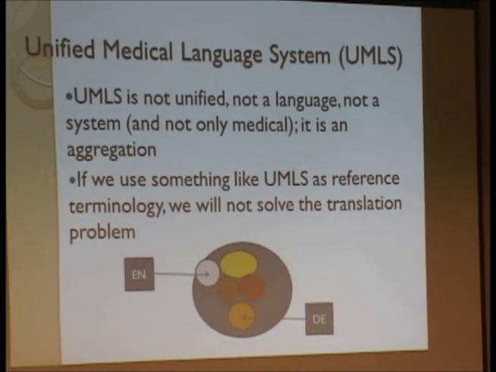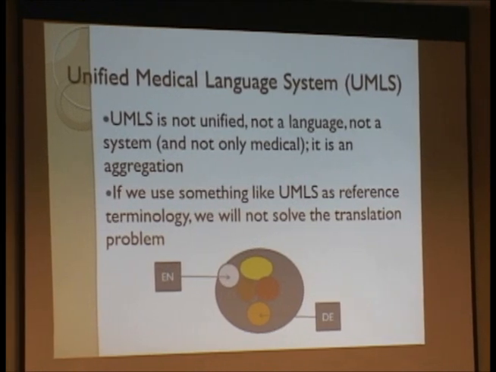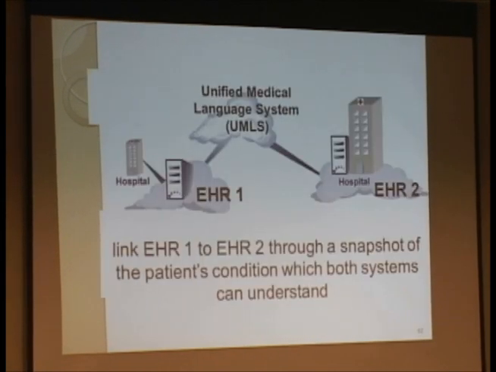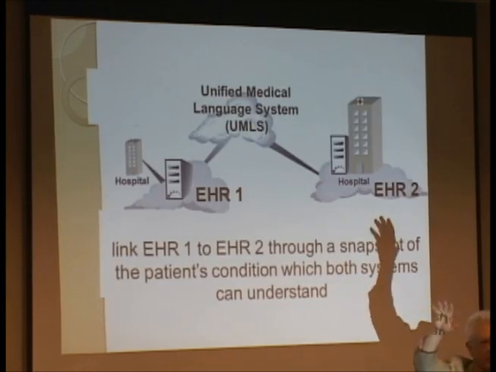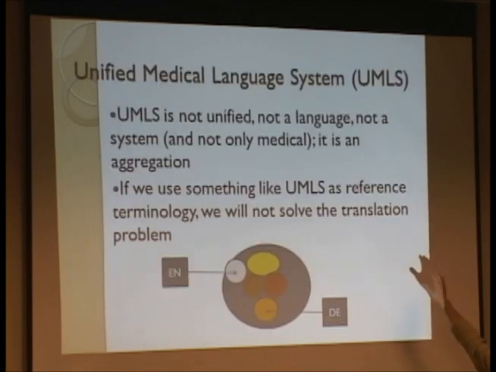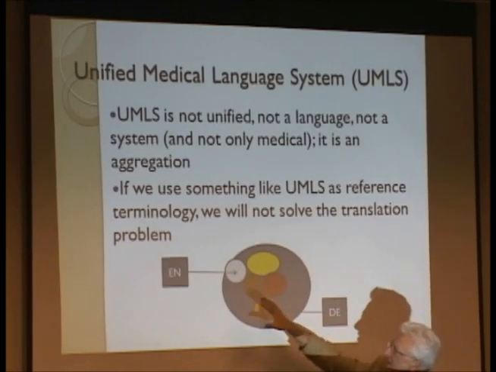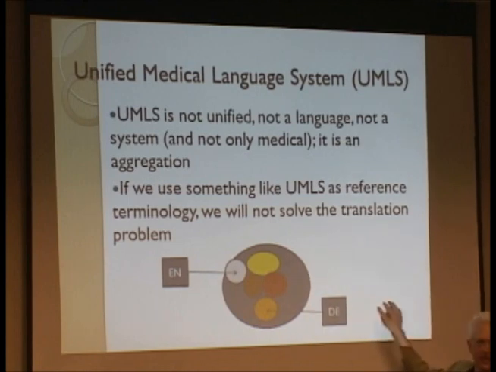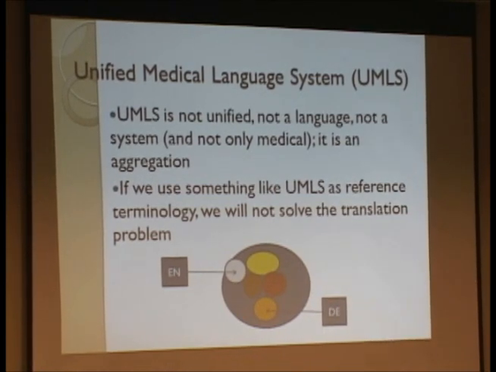Now the problem is that the UMLS doesn't work because some hospitals would use some parts of UMLS to make the snapshot, and other hospitals would use other parts, and you don't get the consistency. You end up with people shaking hands who are still in different rooms.